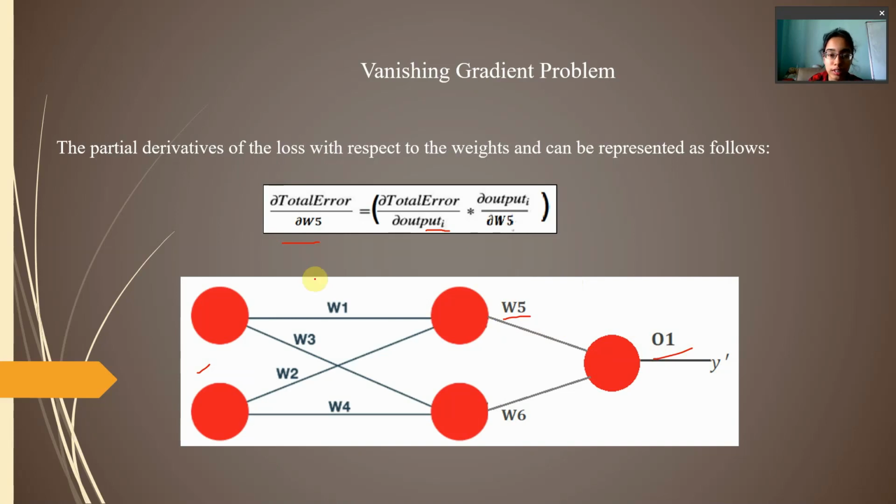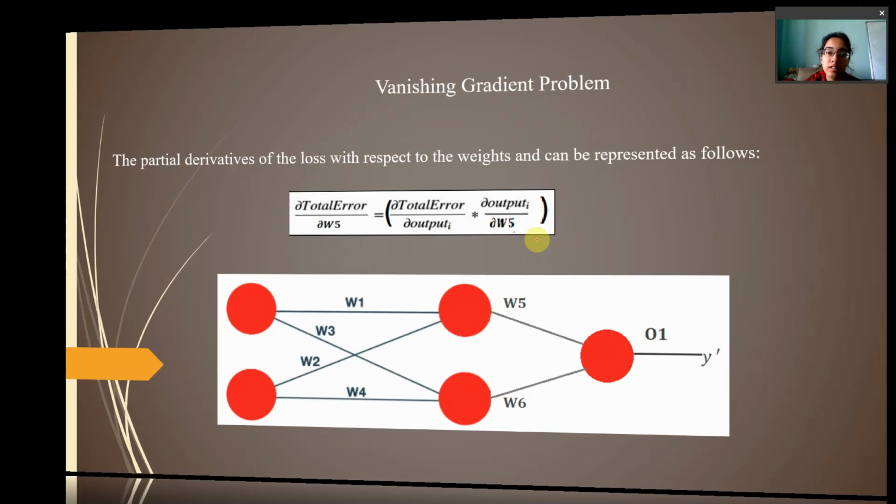So this is the chain rule of differentiation that is used in the weight updation formula in the backpropagation algorithm. Now what is the vanishing gradient problem?